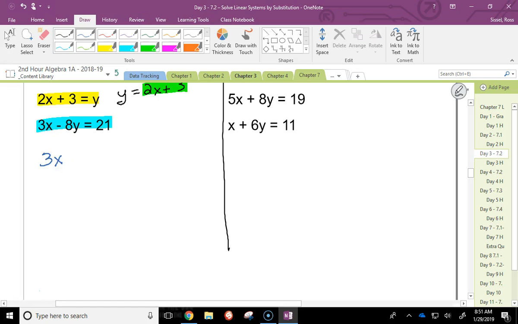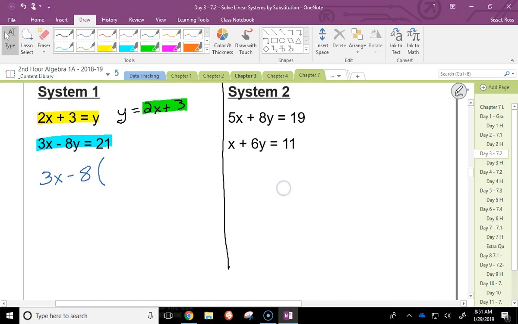So the next equation I'm going to rewrite: 3x minus 8y. I'm not going to say y anymore. What am I saying instead of y? Instead of saying y, I will be saying 2x plus 3, and that equals 21.